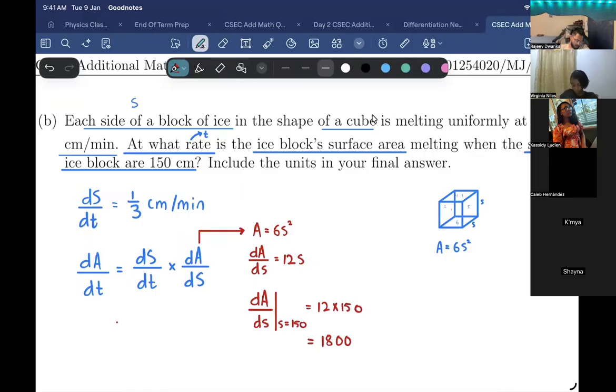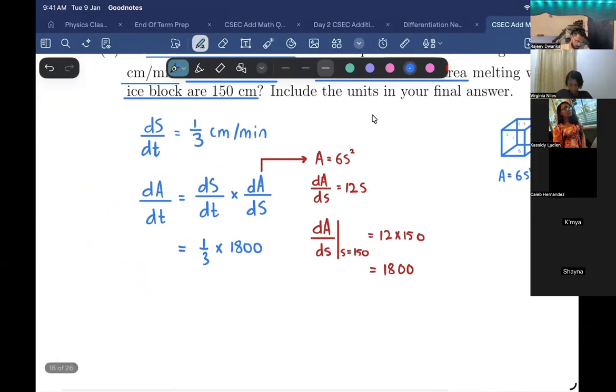All right. So we go back to we have ds over dt, and then we have dA over ds. Now we find dA over ds to be 1800. So a third by 1800, and that's 600. And let's talk units.